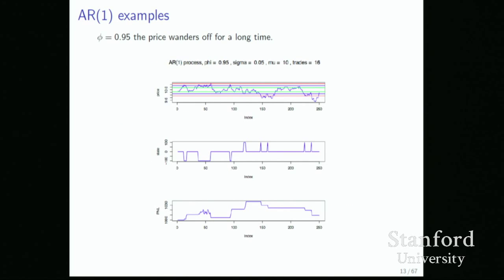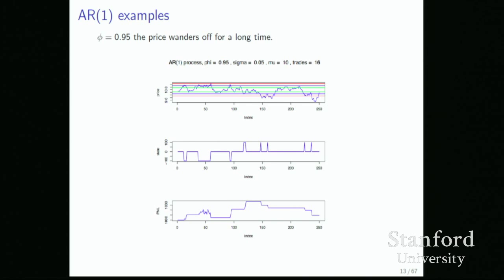So this is the AR1 process with phi equal to 0.95 and sigma 0.05, and the mean is equal to 10. If you look at it, how many trades occur? There are 16 trades here.